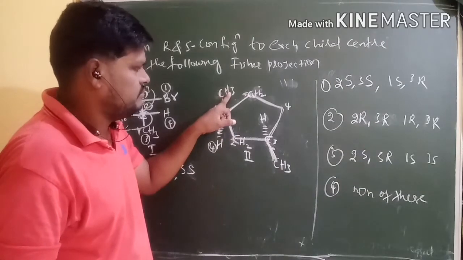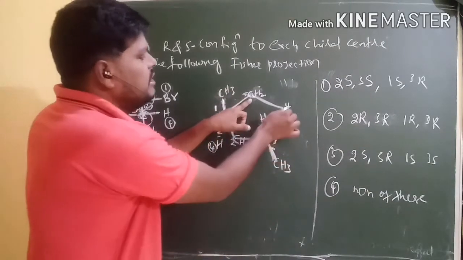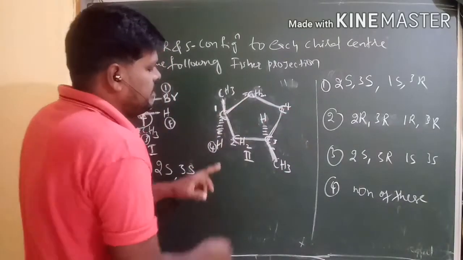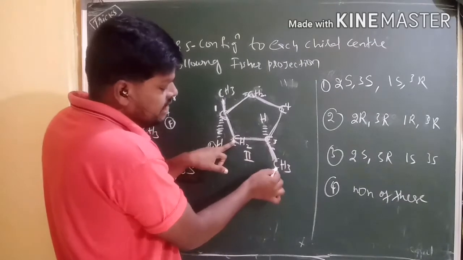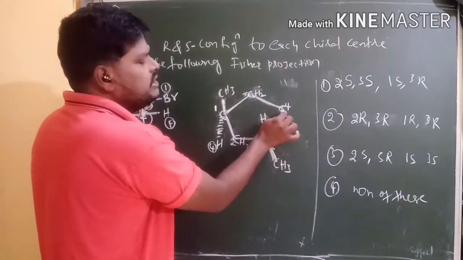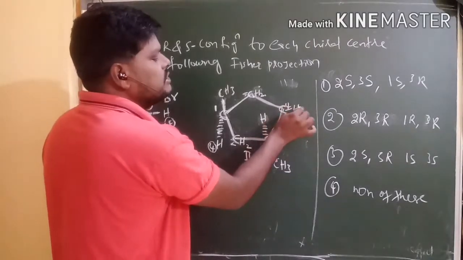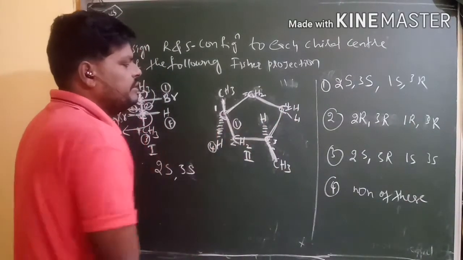Here hydrogen, yes, here the second priority. But this carbon is attached to carbon, and this carbon is also attached to carbon. Here, two carbons are there. This carbon is attached to carbon, but this carbon is attached to hydrogens. Right? That's why this is the first priority here.